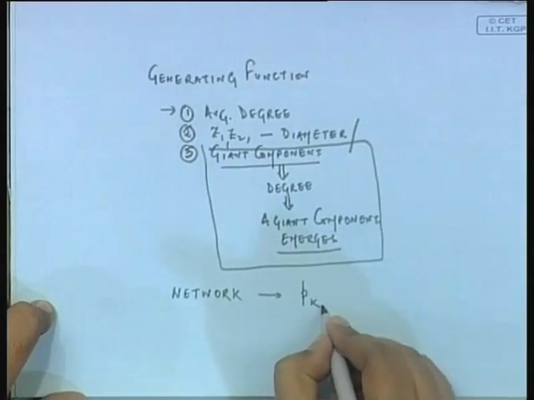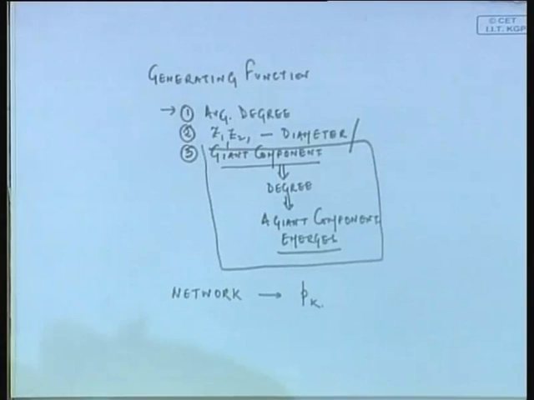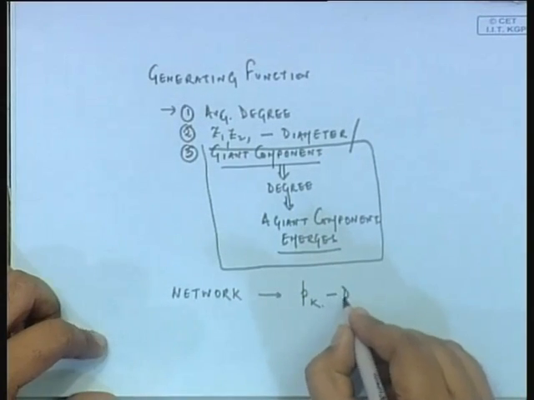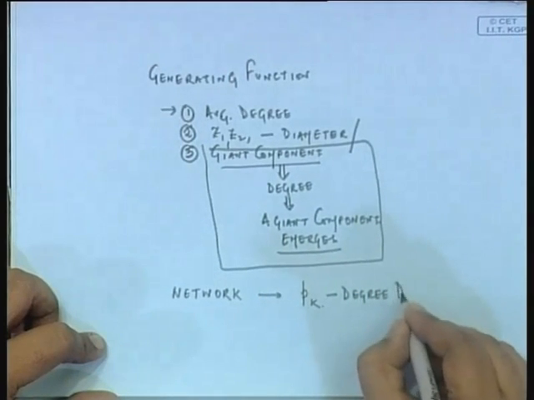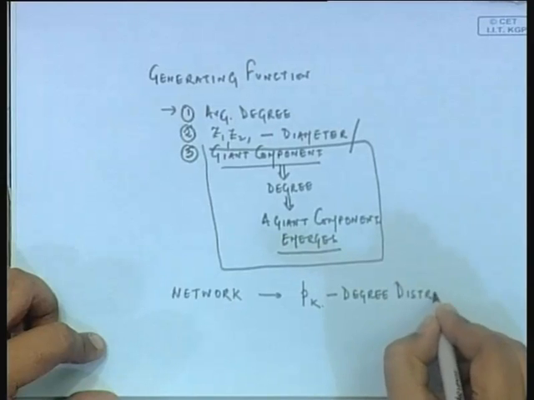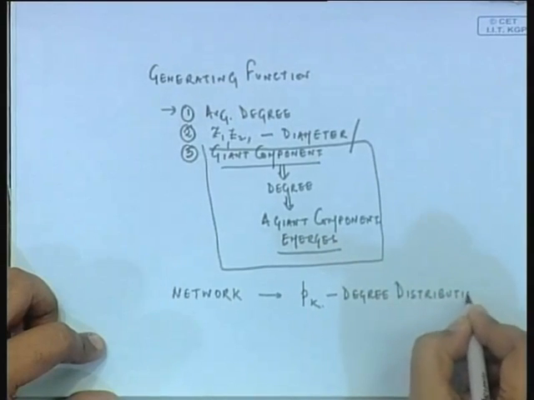Pk. Every network can be denoted, in the simplest way, by Pk. What is Pk? Degree distribution. Okay. So, we know Pk is the degree distribution.